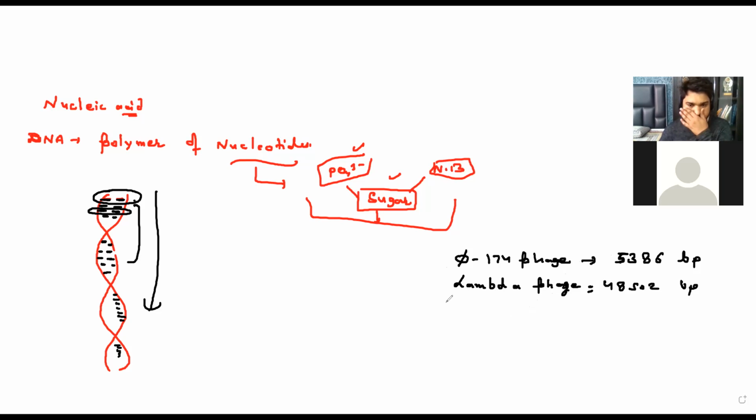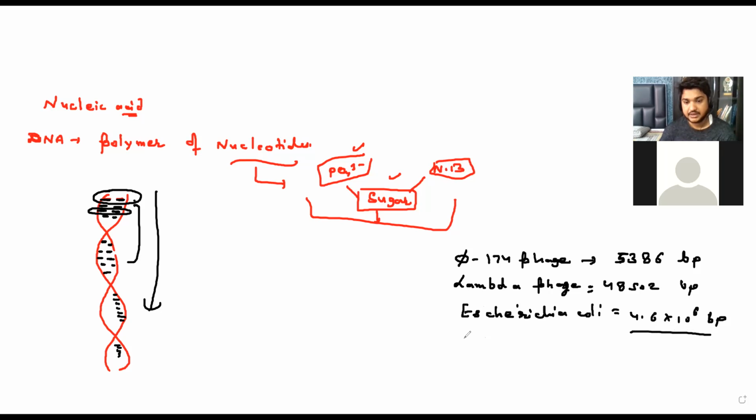Escherichia coli contains 4.6 into 10 raised to power 6 base pairs. So it has a lot of base pairs. So its DNA length will be higher or lesser?